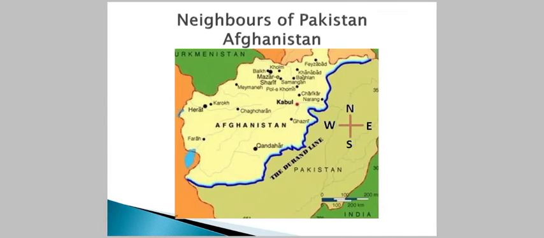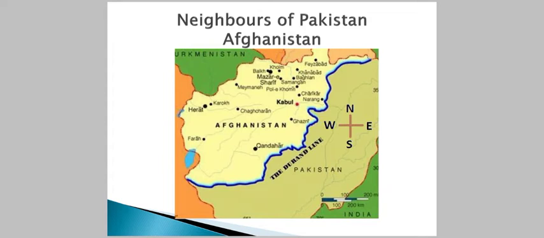Now, whenever we describe the relative location, we describe the countries which are bordering that particular country about which we are talking. So, the first neighbor of Pakistan is Afghanistan. Afghanistan is located in the northwest of Pakistan, and the border between Pakistan and Afghanistan is known as the Durand Line.